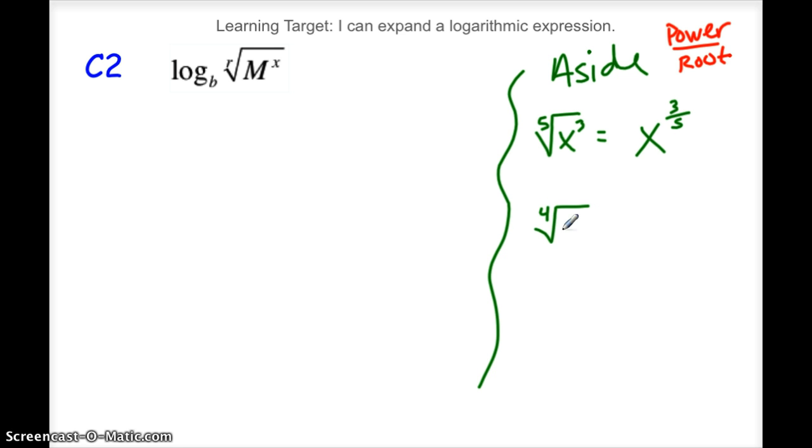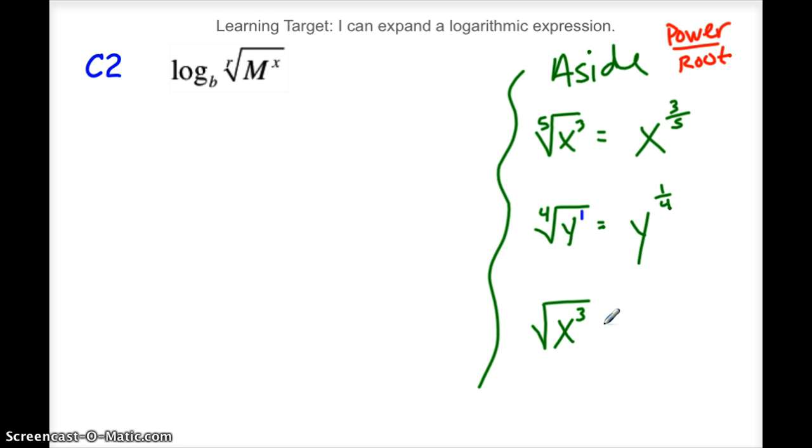Also, we talked about, what if the power is missing? And I wanted to convert this to a rational exponent. Well, there's just understood to be a power of 1 when that's the case. So y would have the exponent power over root, so 1/4. Finally, one more thing. Let's go back to an x.